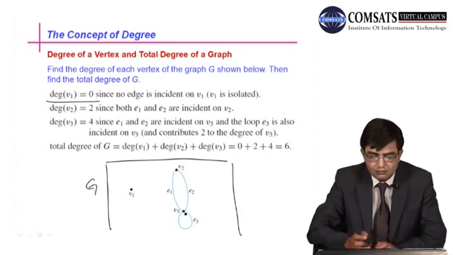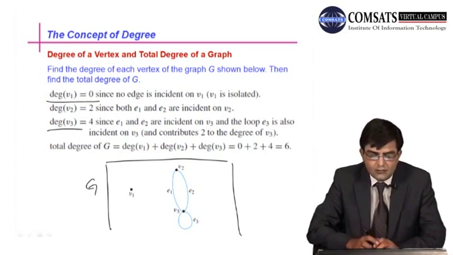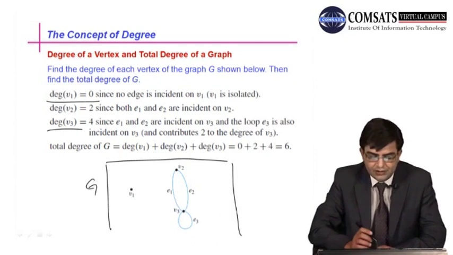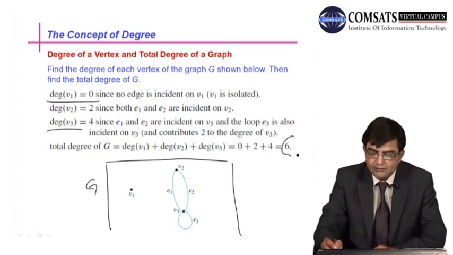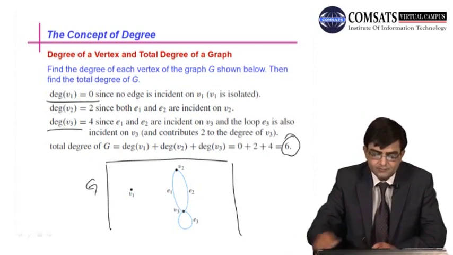Degree of v2 is 2, and degree of v3 is 4. Here is a loop, and a loop is counted twice. So the total degree of G is degree of v1 plus degree of v2 plus degree of v3, which is equal to 6.